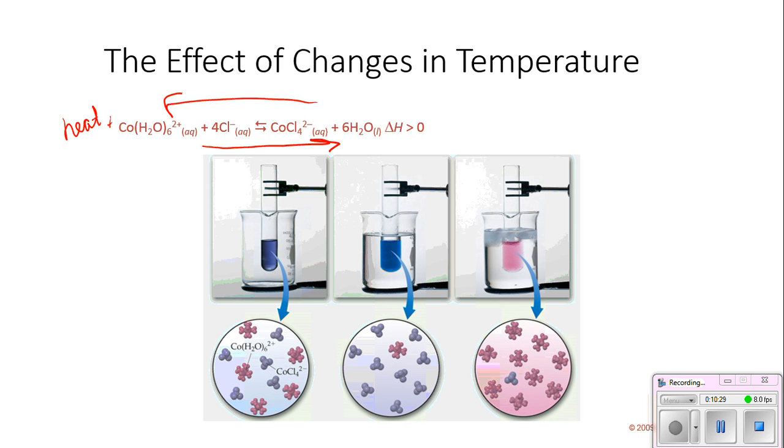In this reaction, a change in pressure is not going to do much, because these are all aqueous or liquid. If you have a gas reaction, a change in pressure will have an effect on your equilibrium.